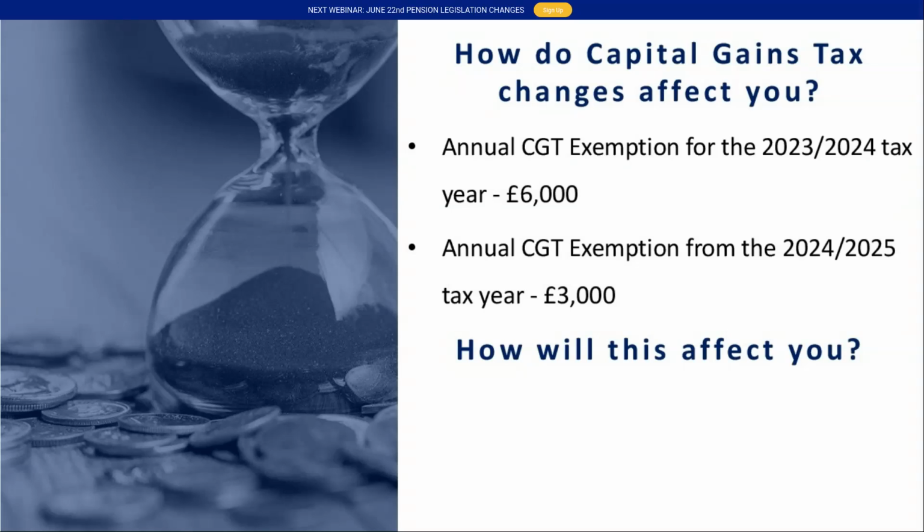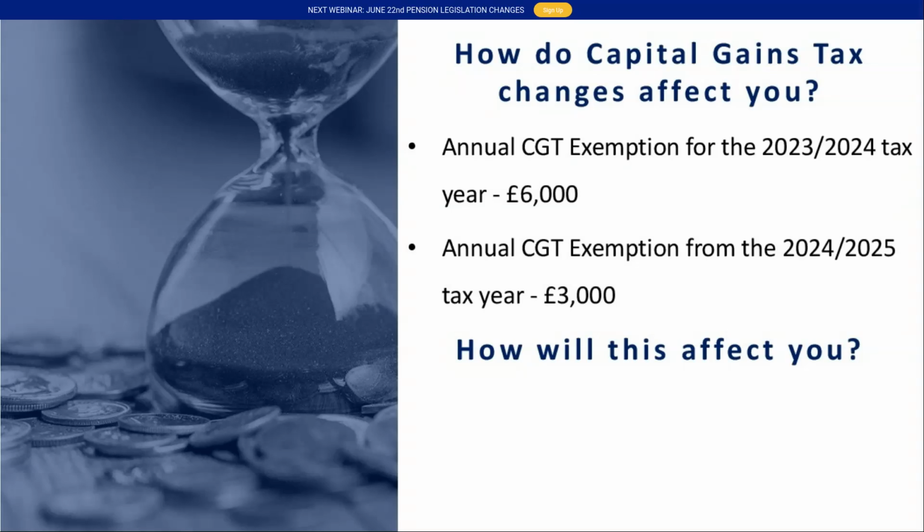So I'm going to read a bit of stats here. HMRC estimate that halving this exemption will result in an additional 235,000 people needing to report their capital gains. So there's going to be an extra level of scrutiny needed from 235,000 people to address this.